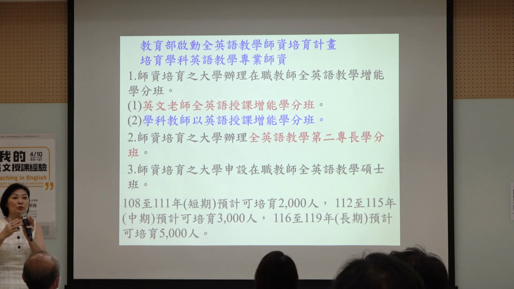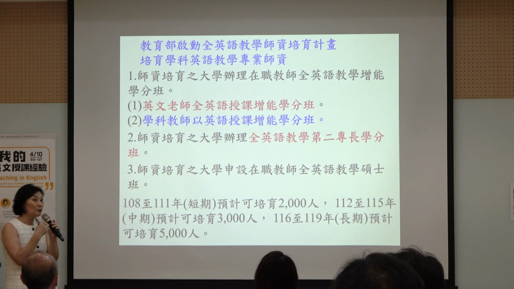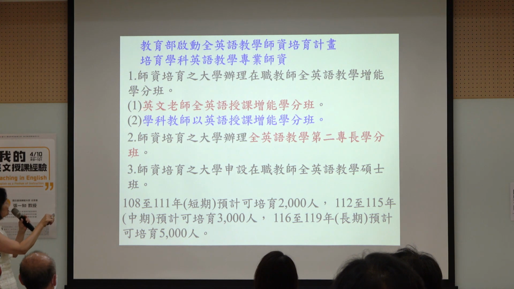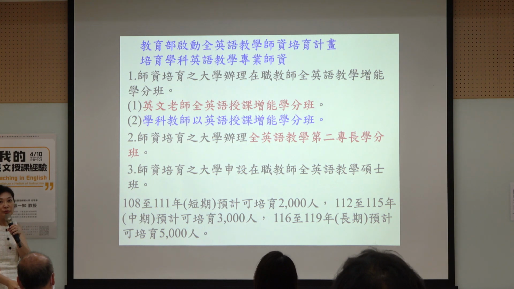They want the high schools to teach bilingual, so they have to help the high school teachers be able to teach bilingually. So they offered courses. First, the English teachers have to use total English to teach. And the subject teachers have to be able to use bilingual. They have to come back to learn English. So they asked our university to offer all those classes.